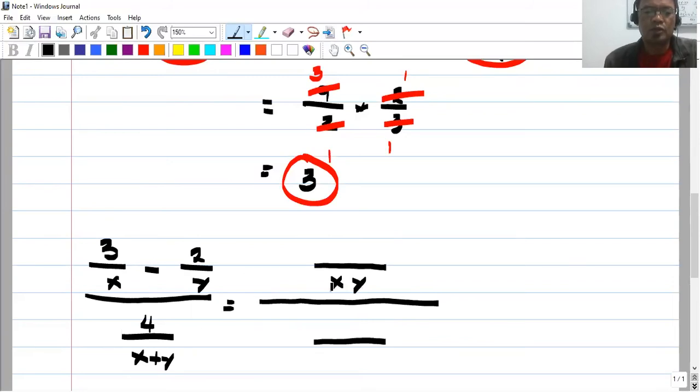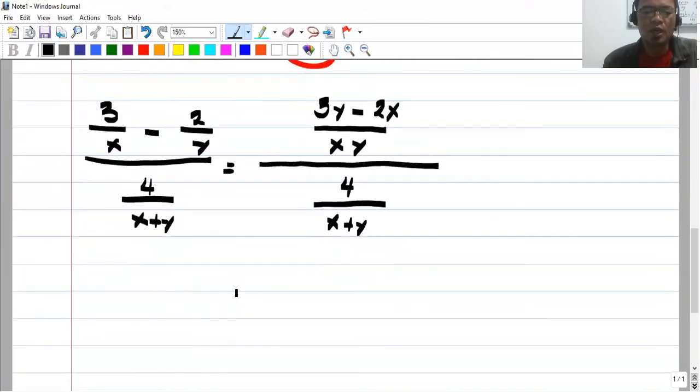So xy divided by x is y, times 3 is 3y, minus xy divided by y is x, times 2 is 2x. And we copy our denominator, 4 over x plus y. Next, we simplify by getting again the multiplicative inverse of our denominator to be multiplied to our numerator.